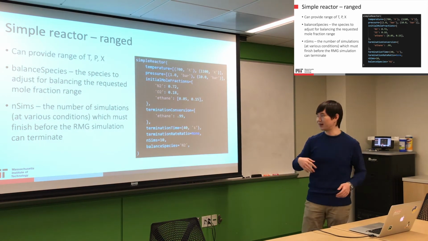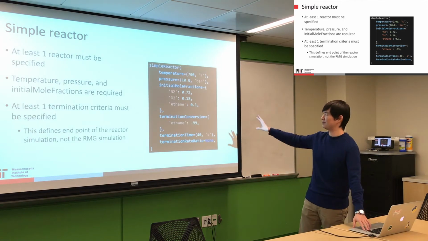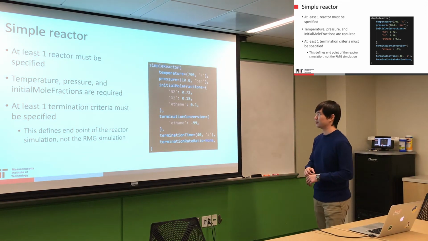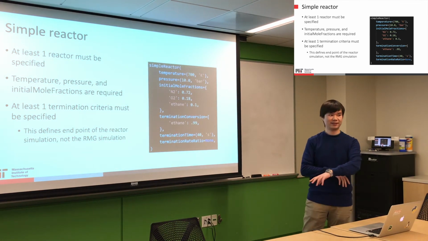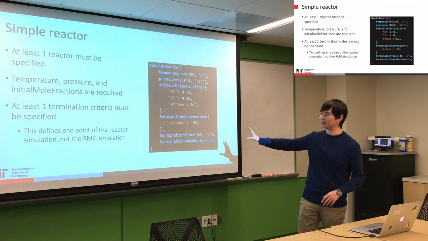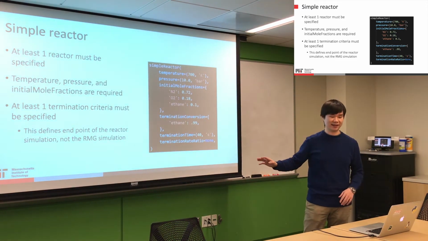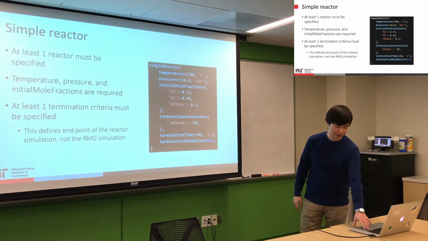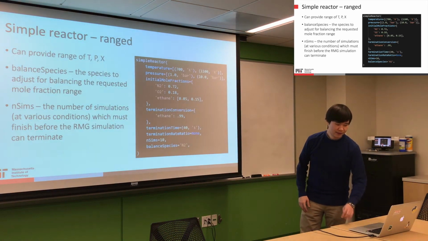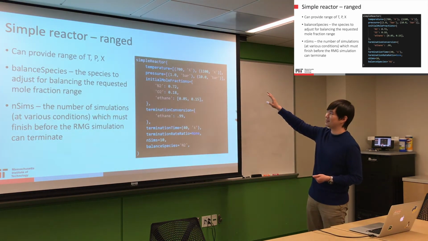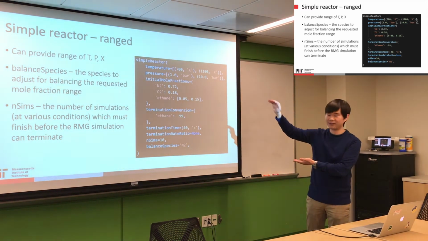Before, with just these single temperature and pressure conditions, the recommended approach would be to specify multiple reactors. You can have as many reactor blocks as you want, and put different temperatures in them. RMG will build a single model which is valid at all of those conditions. Now, the recommended way to approach this is to put a temperature range within a single reactor block.